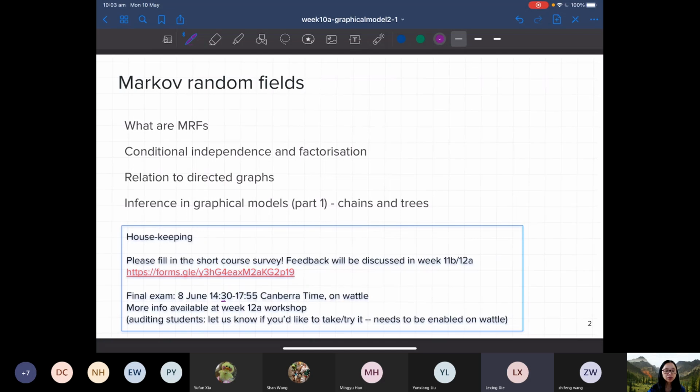So today we're going to spend time talking about Markov random fields. We talked about Bayesian nets for last workshop session. So we're going to look at undirected graphs. In this session, we look at the conditional independence property and how we can use it to reason about conditional independence. We briefly look at how directed graphs and undirected graphs relate.